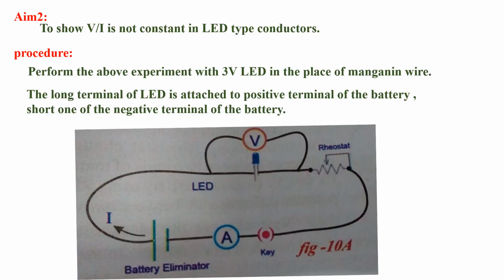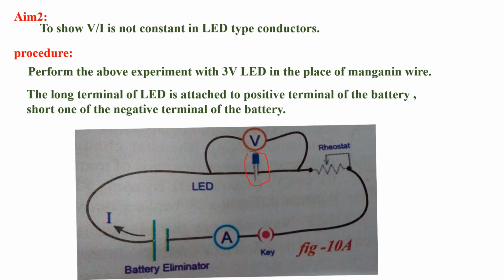Now in the previous experiment I showed you that the voltmeter is connected to a magnet wire. Now here we are going to take an LED. You know LEDs, we find them outside.